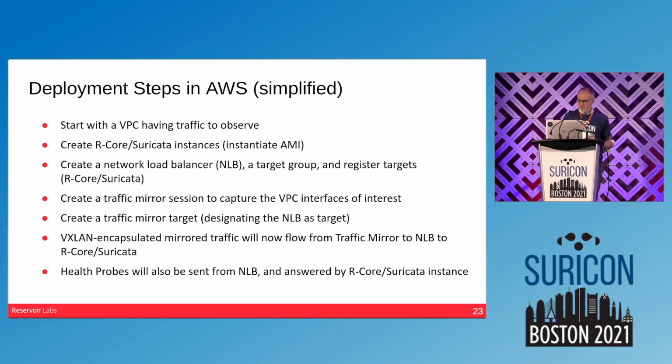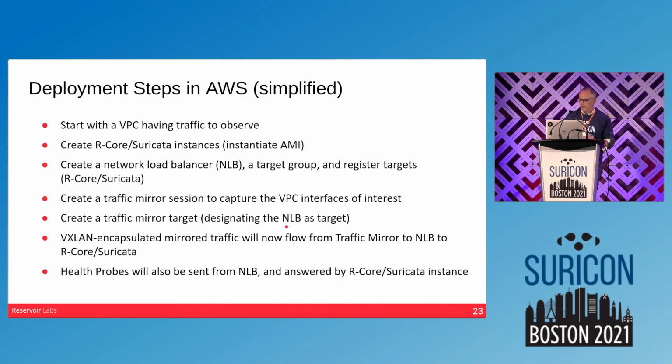So at that point, the NLB knows that there are these instances that it needs to forward traffic to, and it's going to run the health check protocol to ensure that they are alive. Then you create traffic mirror sessions, so you mirror the traffic from the instances that you're trying to monitor, and you configure the traffic mirror to forward the traffic to the NLB, the network load balancer.